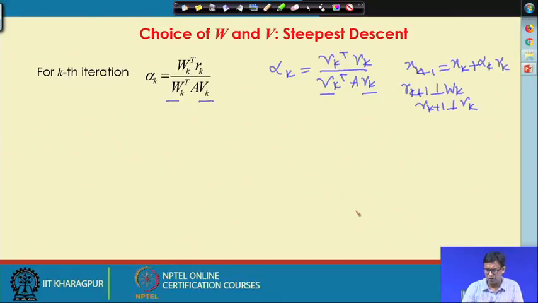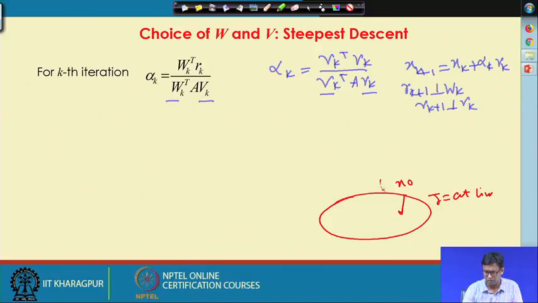If I draw pictorially, this is the J equal to constant line, and this is my x 0. I take a minus gradient of J, which is r k, and I get somewhere here, x k is equal to x 0 plus alpha k r k.